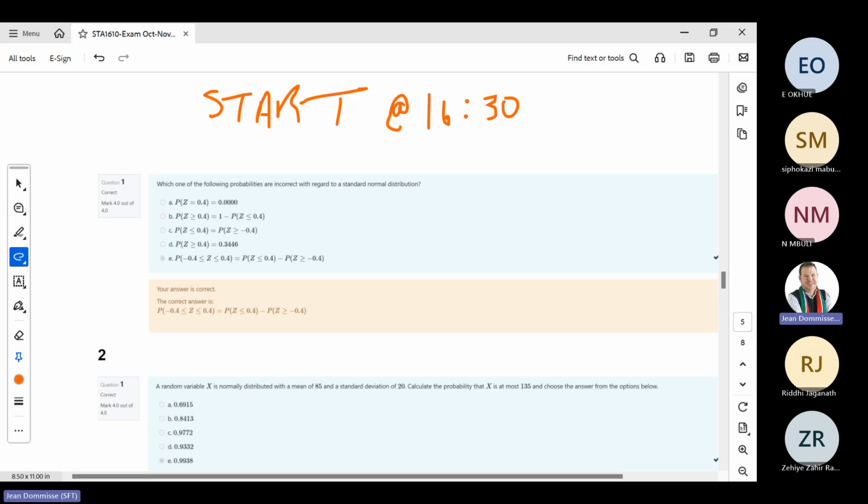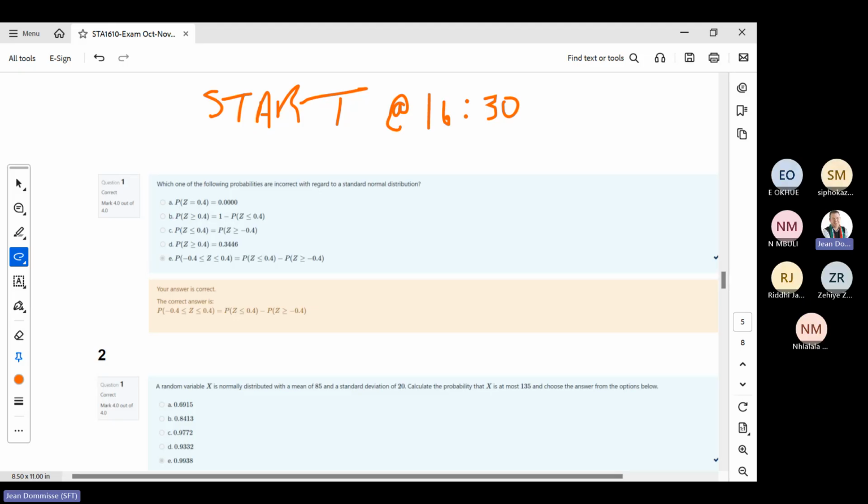Again, this was also asked in some other papers, where they give you some of the probabilities and you need to decide which one is correct or incorrect. In this one, they want the incorrect one.